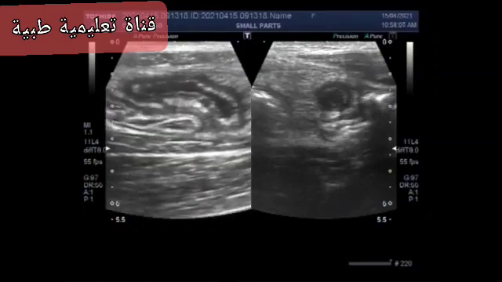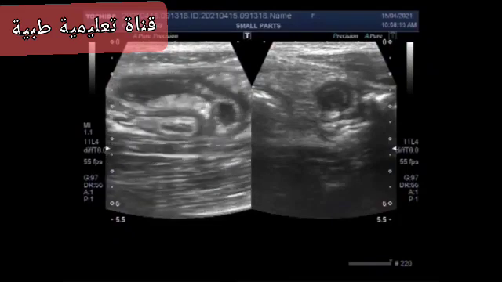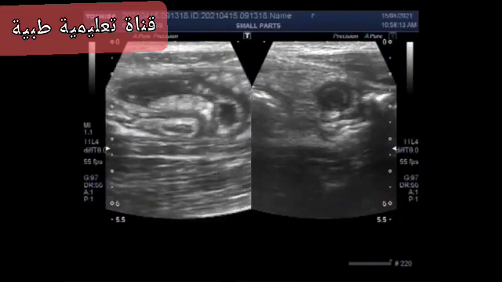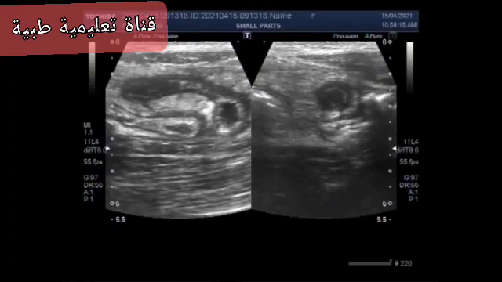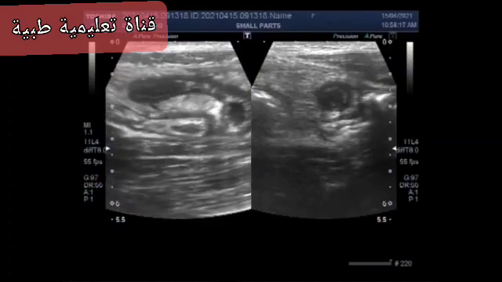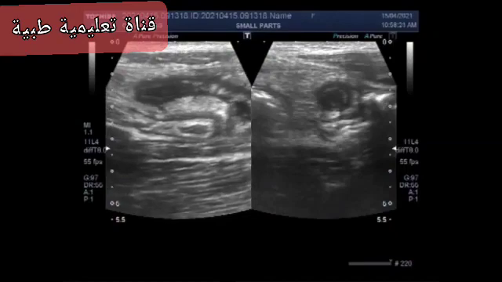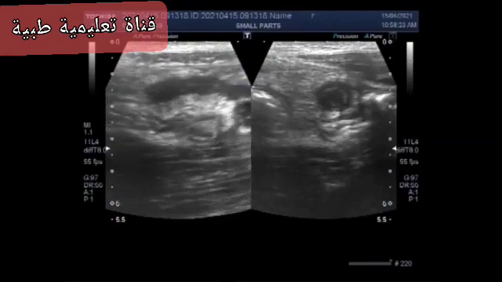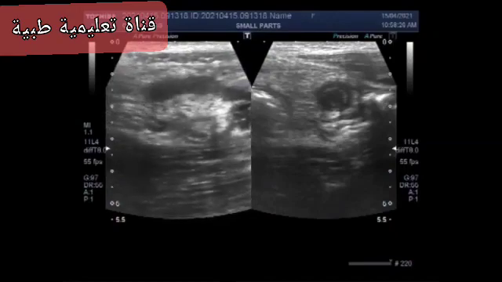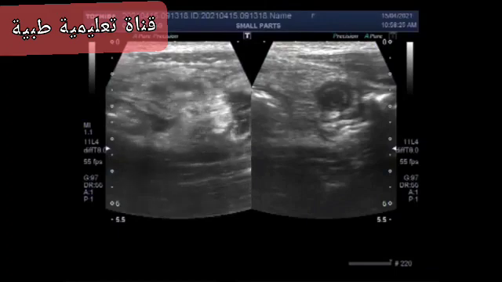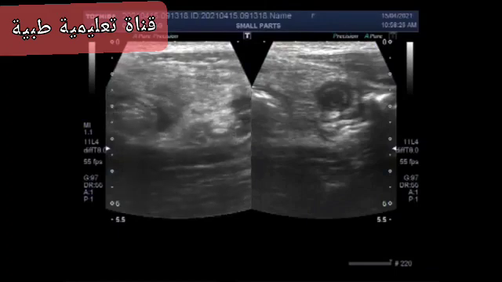An ultrasound is a painless procedure that uses sound waves to provide images to identify organs within the body. Ultrasound can identify the enlarged appendix or abscess. Nevertheless, during appendicitis, an enlarged inflamed appendix or abscess can be seen, as you can see in this case.